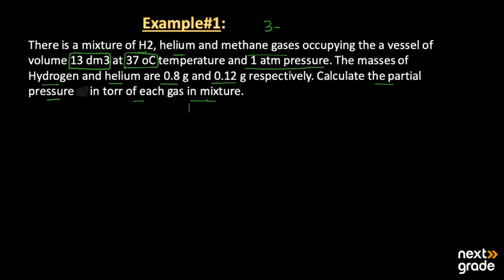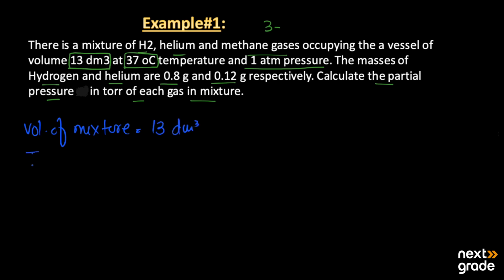So how can we calculate this? We have to calculate first of all the number of moles. The given data: the volume of the mixture of the gases is 13 dm cube.